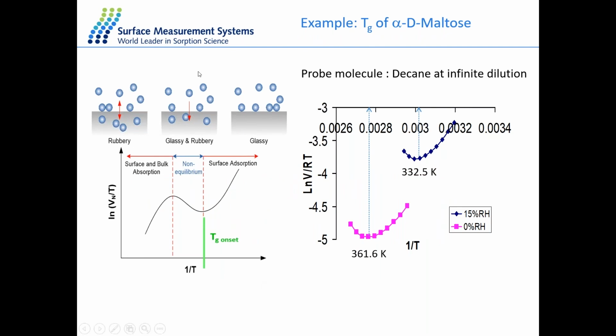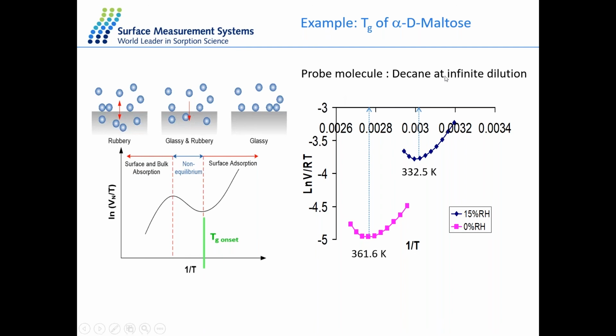If we look at the different states of the material, if the probe molecules are able to penetrate into the surface and the bulk of the material, and easily diffuse out, we're looking at a rubbery state of the material. However, if this is slightly restricted, we will actually obtain a glassy and rubbery material. And eventually, what we will have is just a glassy material where the probe molecules can't interact with the bulk, but just interact with the surface of the material.